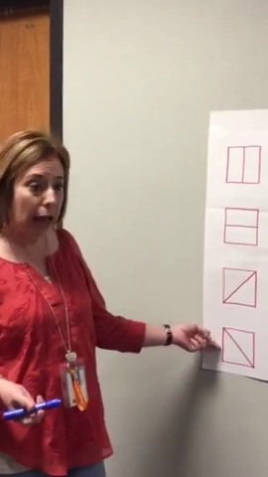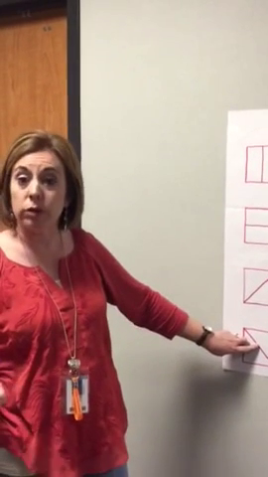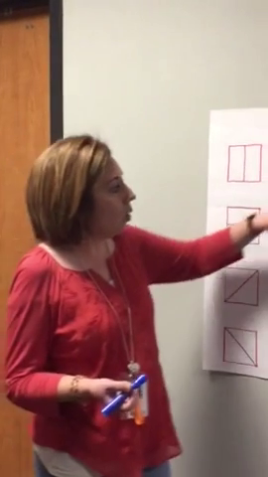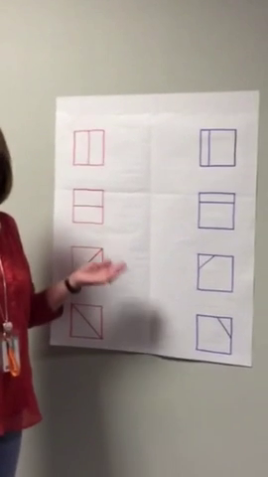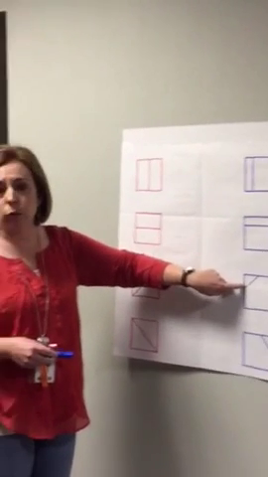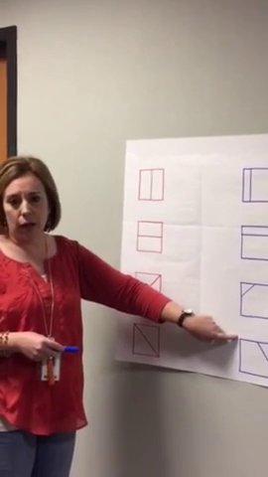So in order to be a half, all of these are examples of halves because they're cut or partitioned into two equal pieces. Over here on this side, you'll notice that all of the squares are also cut or partitioned into two pieces, but those pieces are not two equal pieces. And because they're not equal pieces, they are not halves.